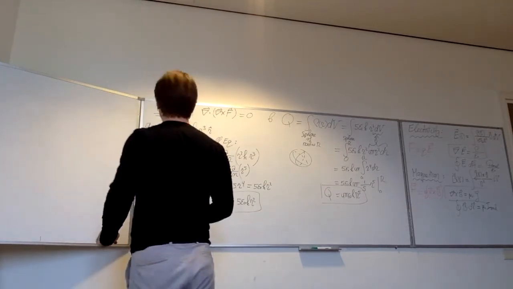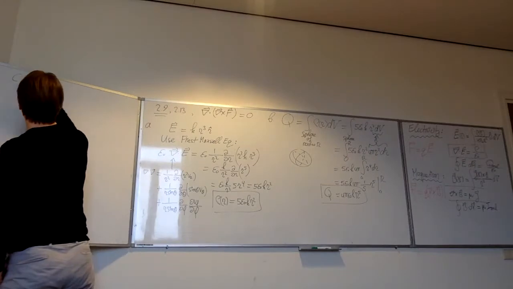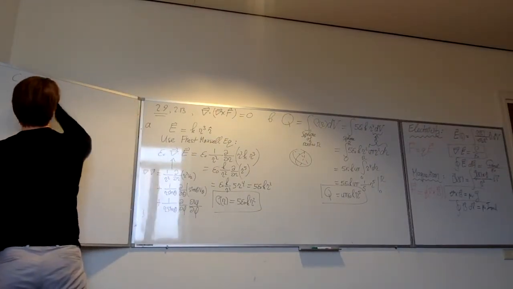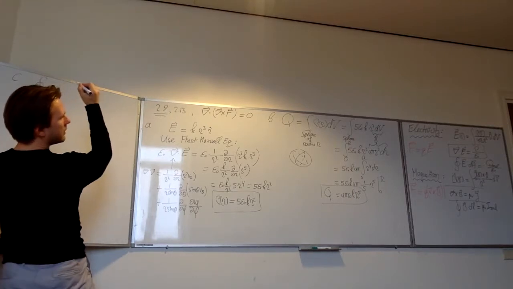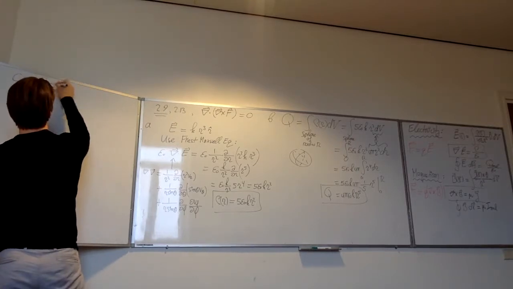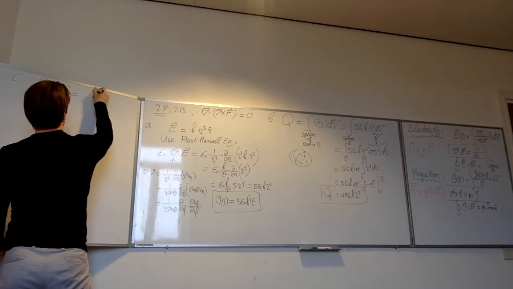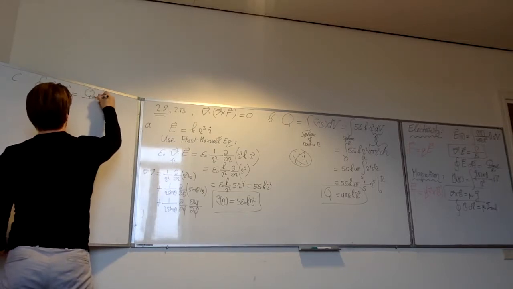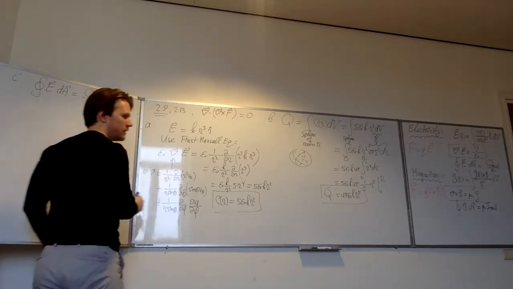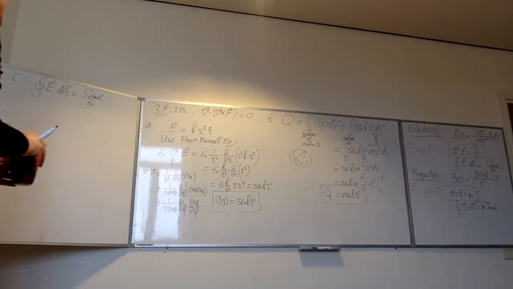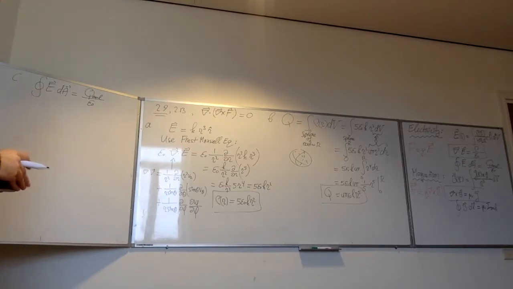Make some room here. Use that law, so the closed integral of the electric field vector should equal the amount of charge enclosed divided by epsilon 0. Okay, well, let's plug in our electric field.